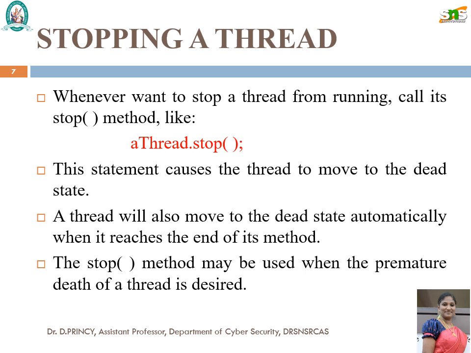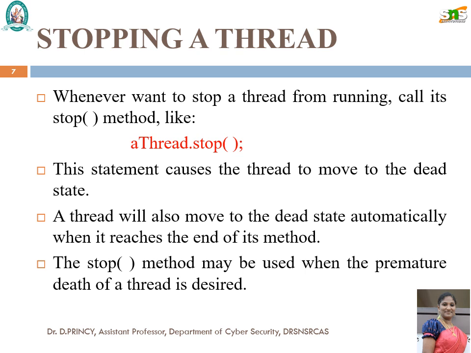Stopping a thread. After executing that method, the thread is in the runnable state. Suppose you want to kill the thread, we can use the stop method. The usage of the stop method is to terminate the thread. aThread.stop is a method, and stop is the method name.